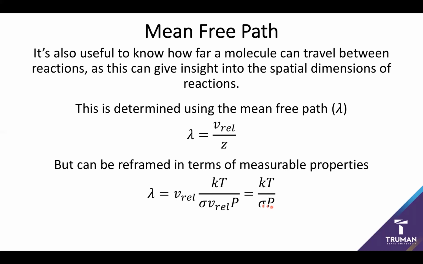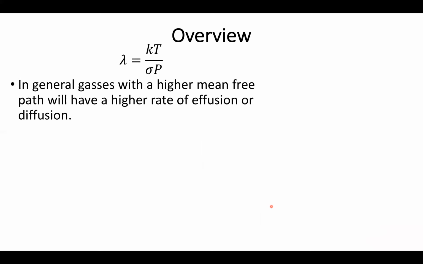So this actually has some rather cool implications. In general, if a molecule has a higher mean free path, so this value is larger, it's going to have a higher rate of effusion. This is essentially if I release a gas molecule into an empty room, how far will it travel? Or diffusion, which is the more typical case: how much is a gas molecule going to move in a matrix of air?